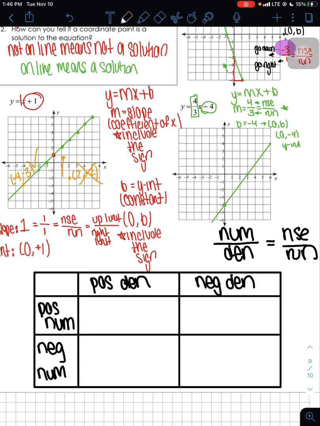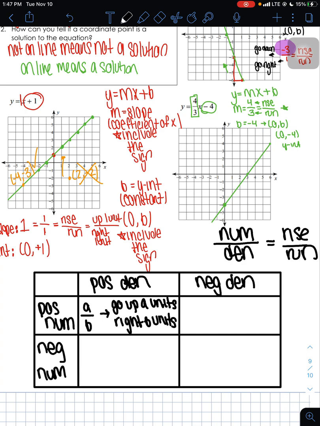So if we have a positive numerator and a positive denominator, we know I have something like A over B. So I'm going to go up A units and I'm going to go right B units.